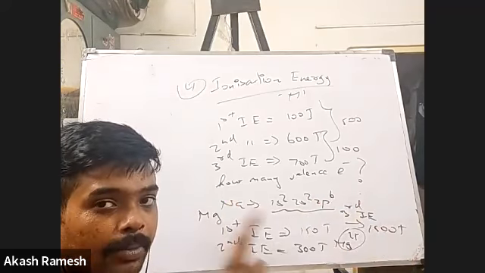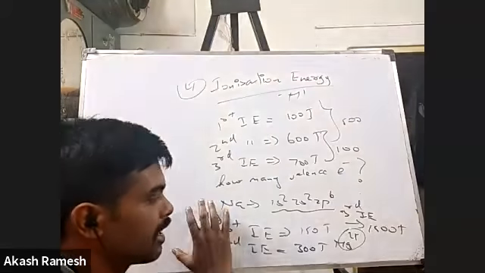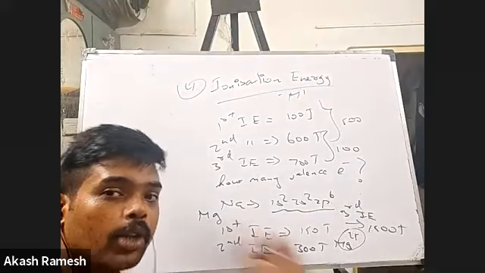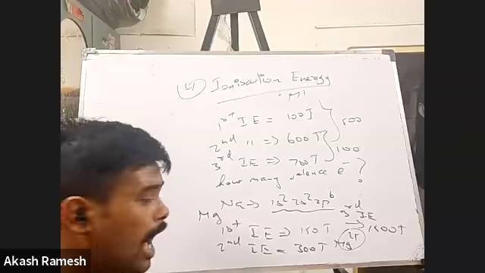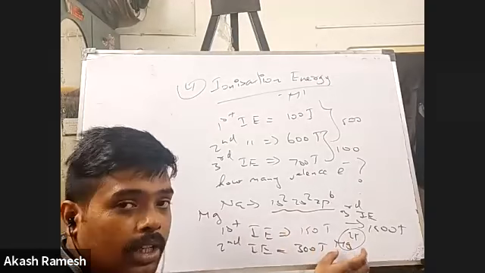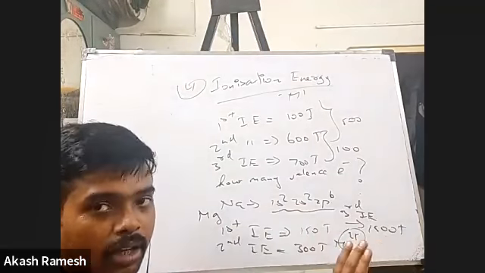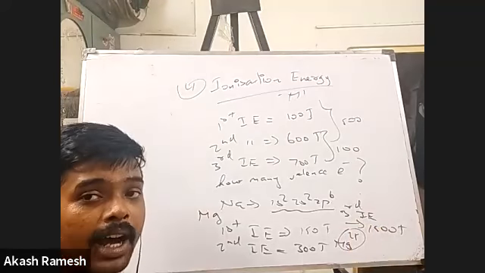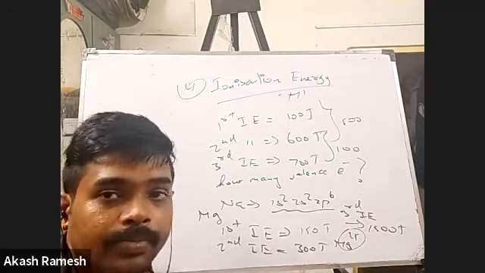That indicates that this particular element has attained noble gas configuration after removing 2 electrons. That is why the third ionization energy is very, very high compared to the other two.